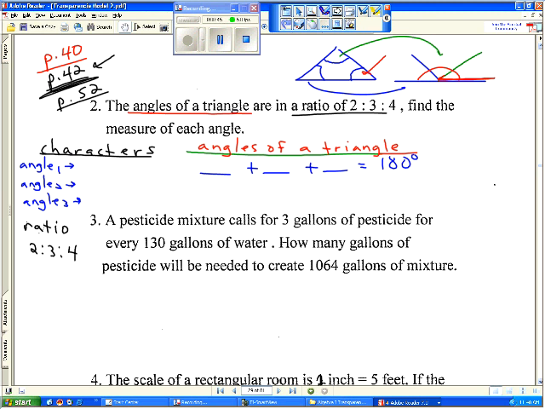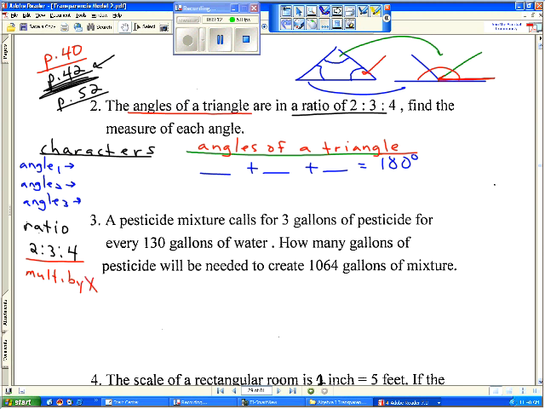How do you assign variables to consecutive integers? Consecutive integers. X, x plus 1, x plus 2. Consecutive odds. X plus 2, x plus 4. That's on page 42, right? How do you assign variables to things in a ratio? You multiply each member of the ratio by x and have only 1 name.